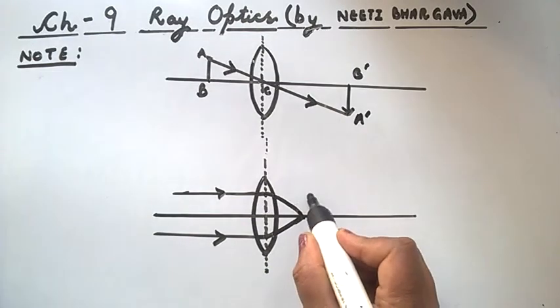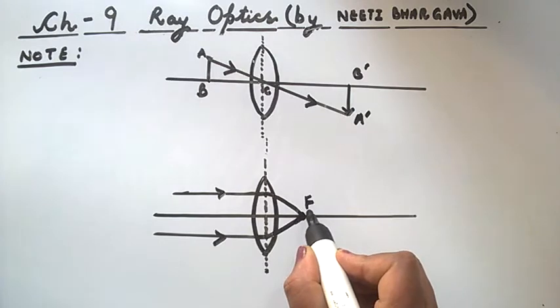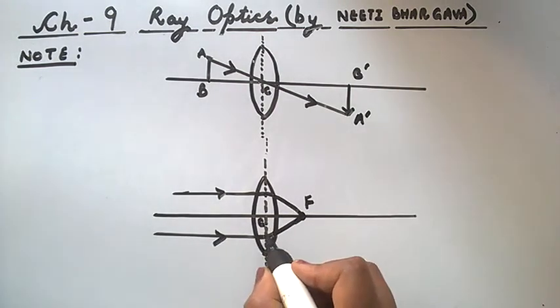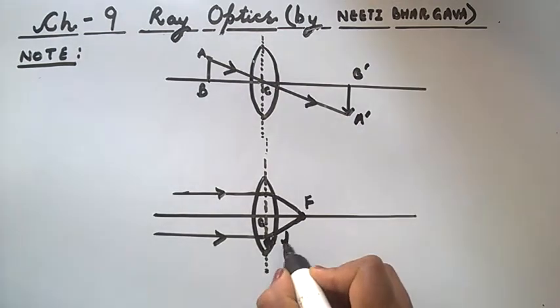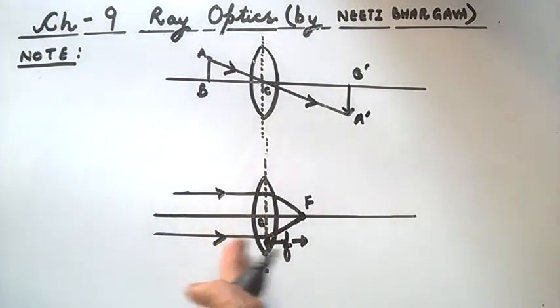This point is known as focus, and as this point is lying on the principal axis, it's known as principal focus. From optical center to focus, this is the length known as focal length, and its sign is positive as its direction is towards the direction of incident light.